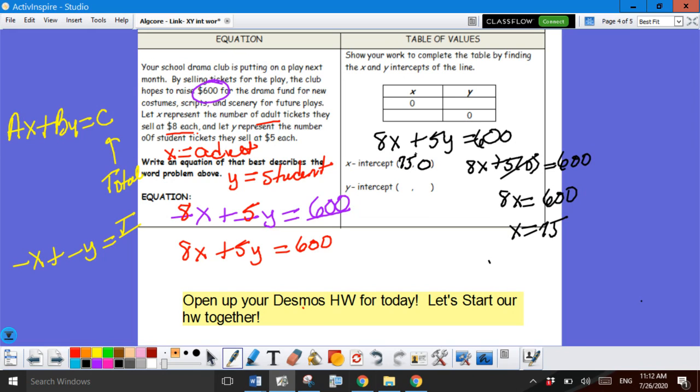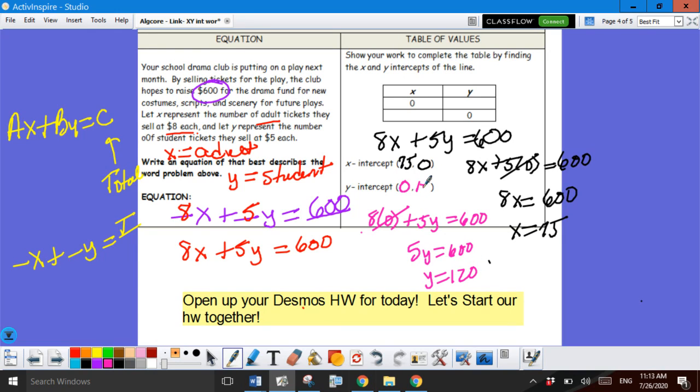Now my y-intercept is going to be found pretty much the same way, except for this time I remember the x is 0. So 8 times the 0, 5y, 600, cross it out. 5y equals 600. So 600 divided by 5, y equals 120.